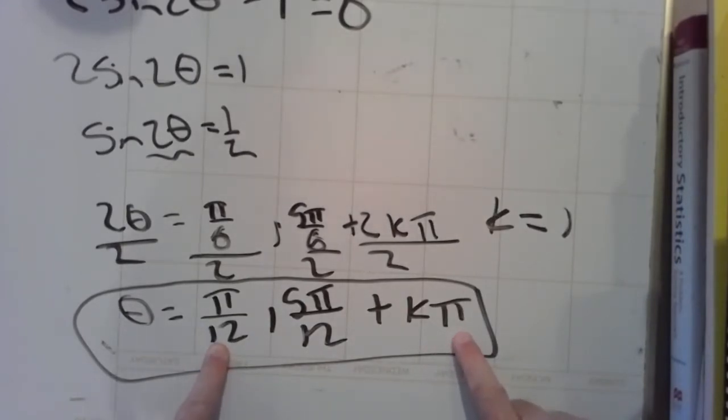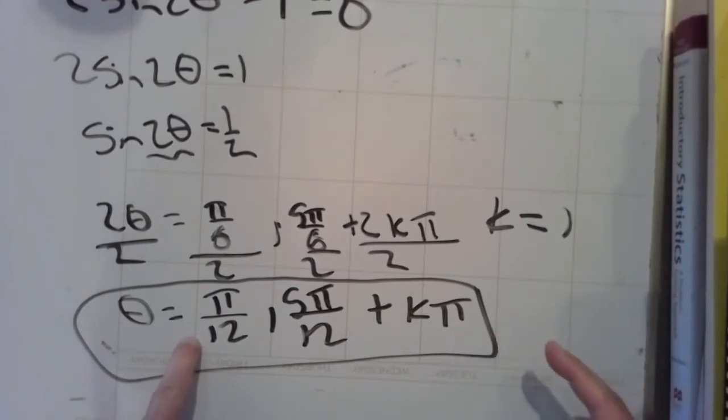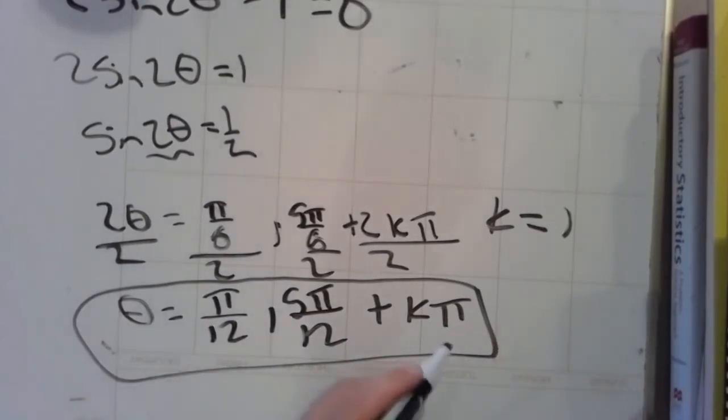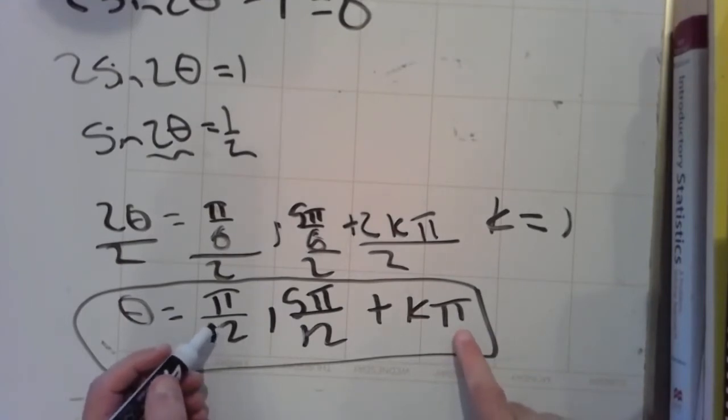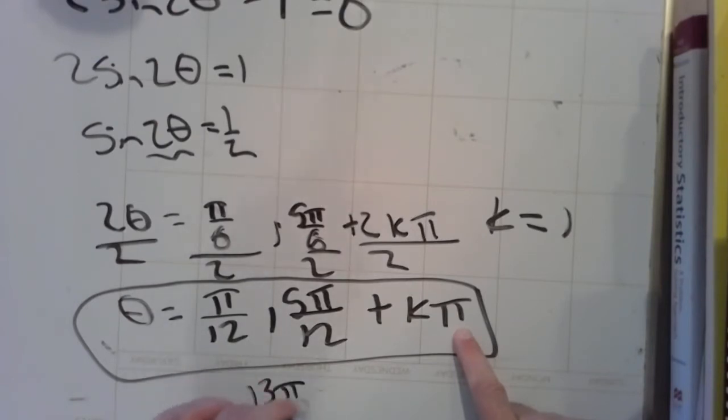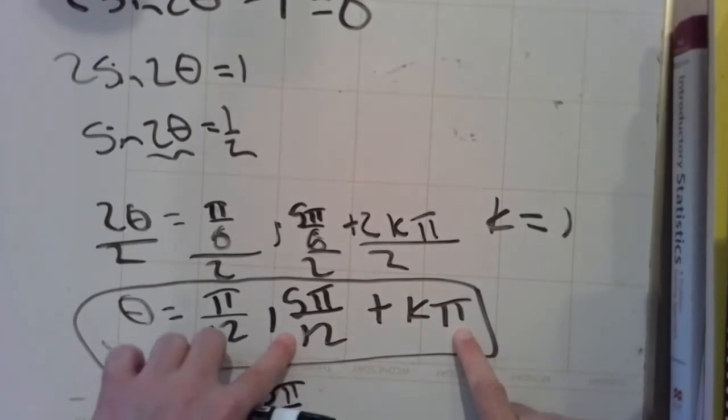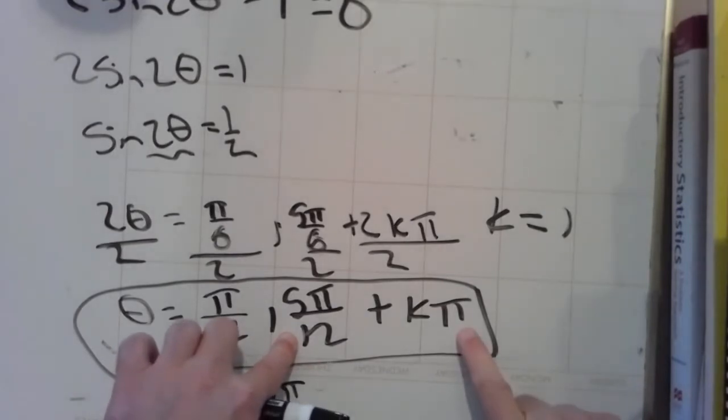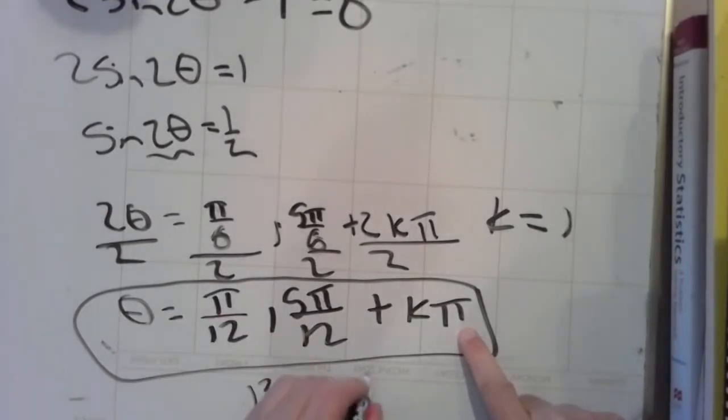Pi would be 12 pi over 12. So 1 pi over 12 plus 12 pi over 12, my next one would be 13 pi over 12. 5 pi over 12 plus 12 pi over 12 would be 17 pi over 12.